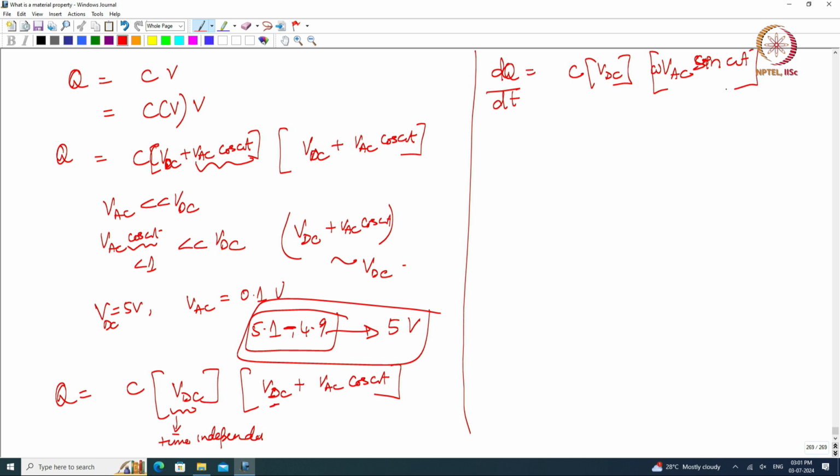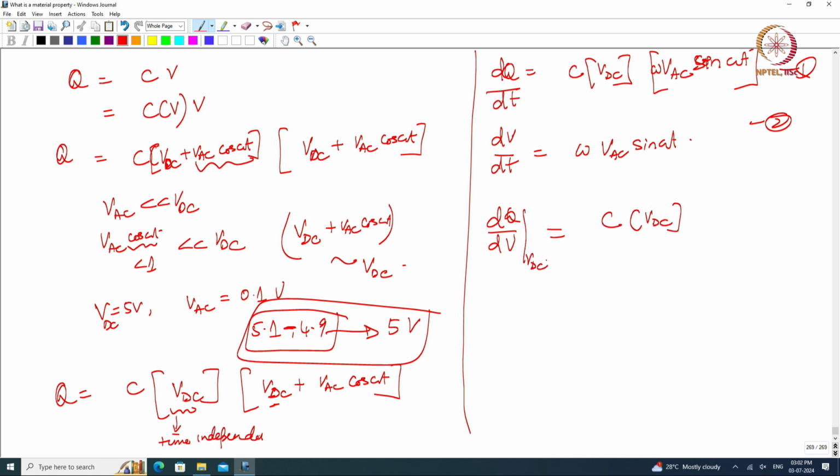Now I have something quite cute. dV by dt is omega VAC sin omega t. So if I just do dq by dV, that is nothing but C at VDC, dq by dV at VDC.